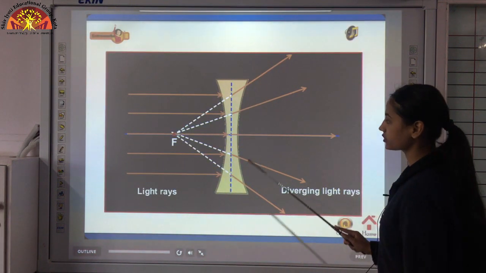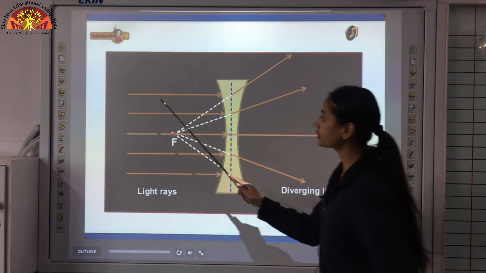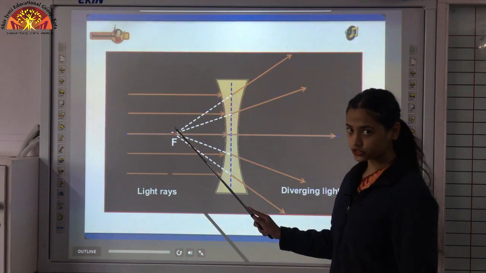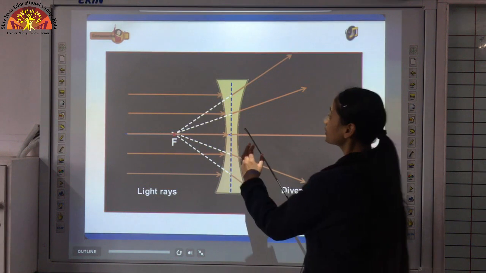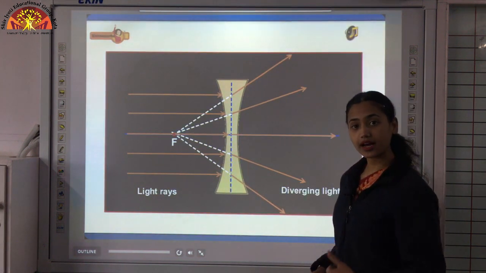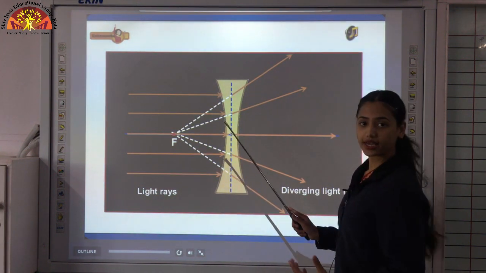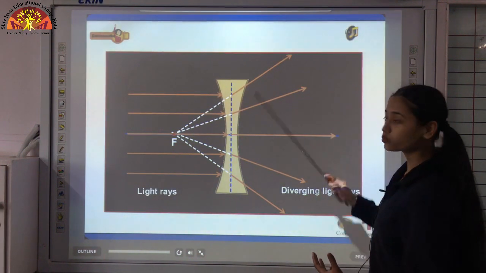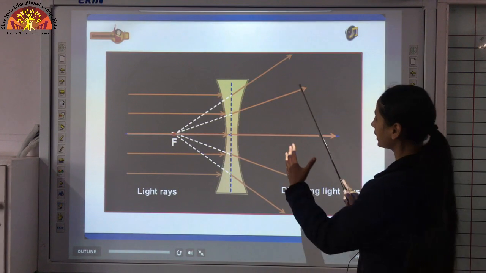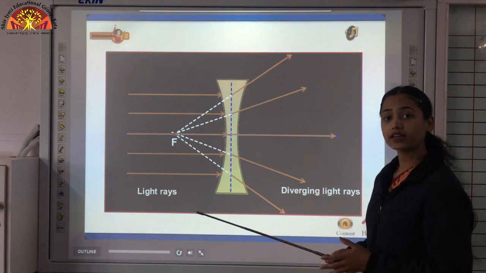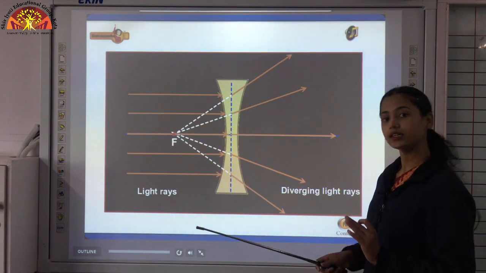This is the action of a concave lens. When light rays which are parallel to each other fall on this concave lens, the rays bend, but in which direction? In the outward direction. So here you can see after refraction the light rays will never meet because they are diverging, they will not meet at a point.